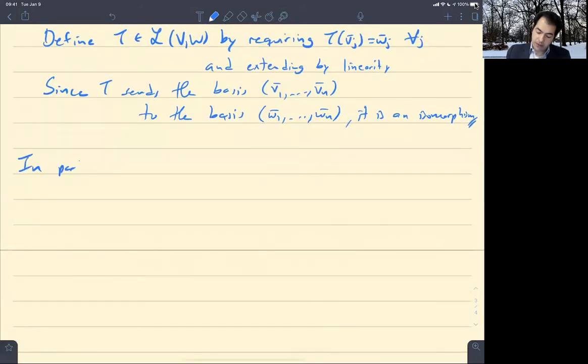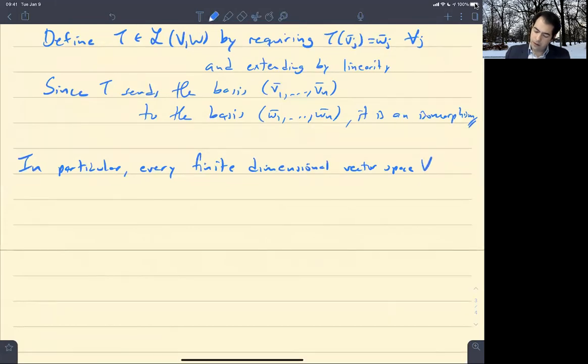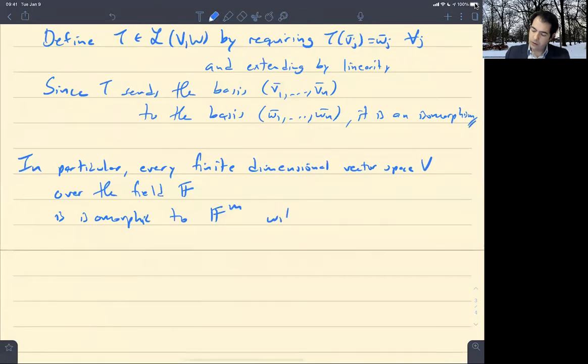Okay, in particular, every finite dimensional vector space V over the field F is isomorphic to Fm with m equal to the dimension of V. Okay, so if for every given dimension there is only one vector space up to isomorphism, then we can use our favorite vector space of dimension m to represent it, right?